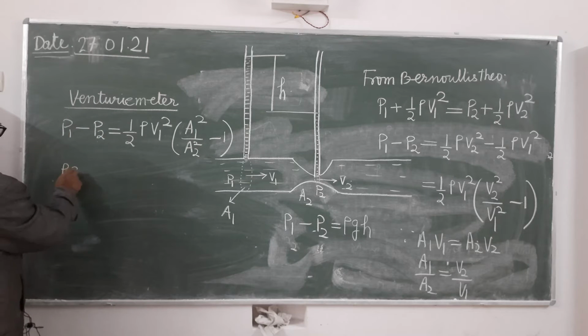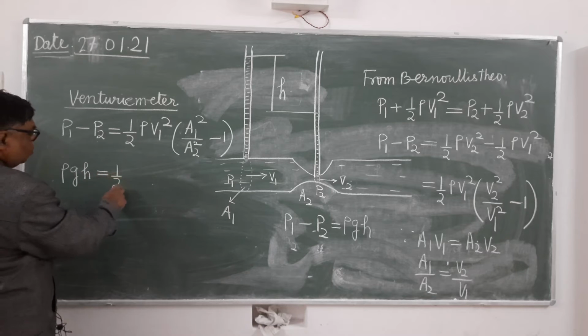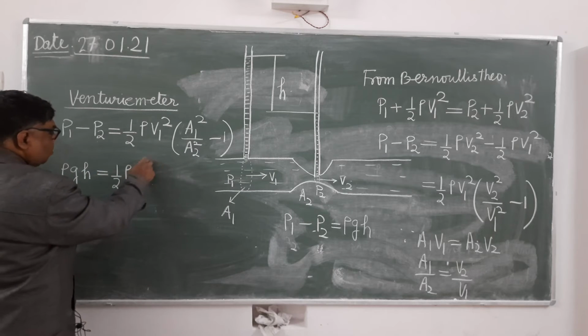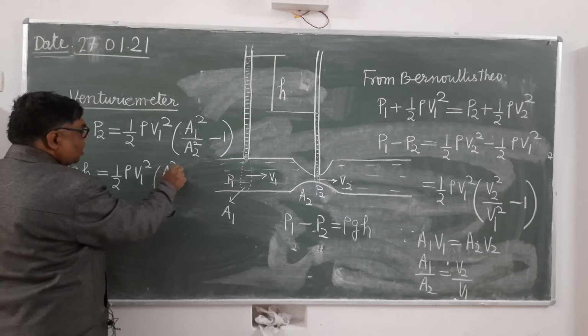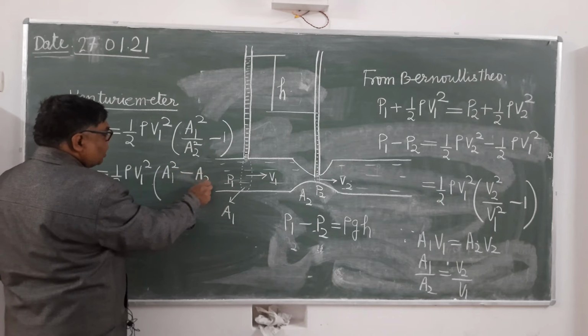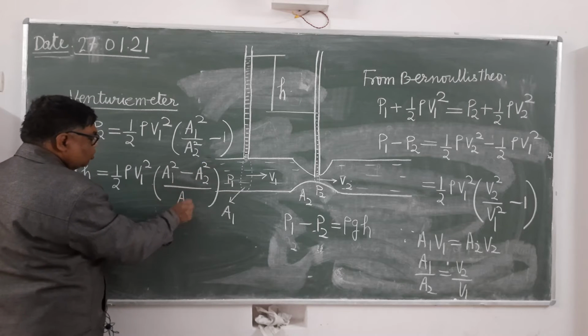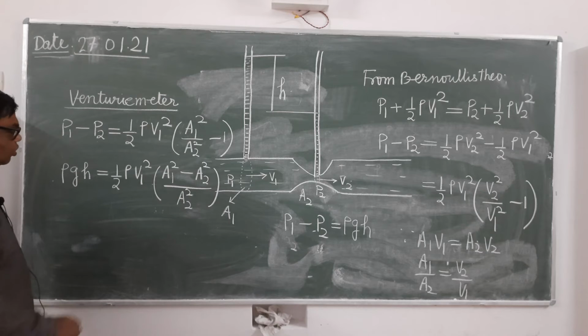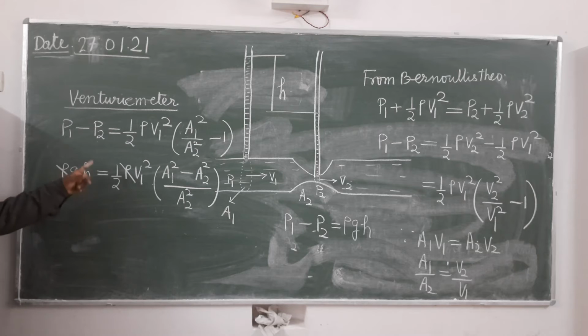So we substitute: rho gh equals 1 upon 2 rho V1 square, and you simplify this bracket: A1 square minus A2 square divided by A2 square. So rho and rho will be cancelled because it is present on both sides.